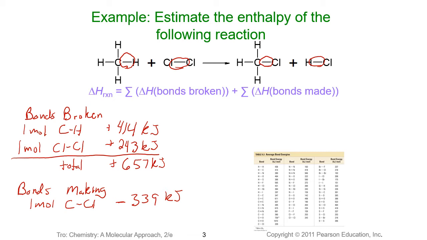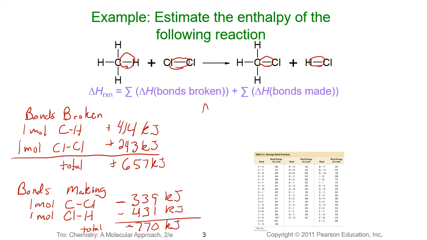Again, these values are coming from that table, it's just a little bit hard to see. And 1 mole of hydrogen-chlorine, negative 431 kilojoules. So our total would be negative 770 kilojoules for making bonds.